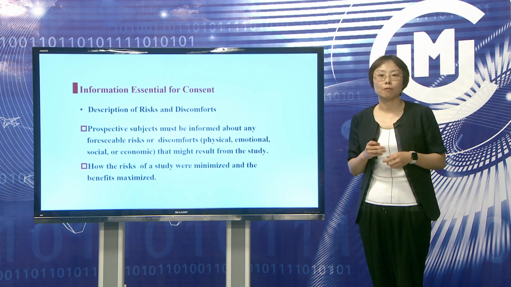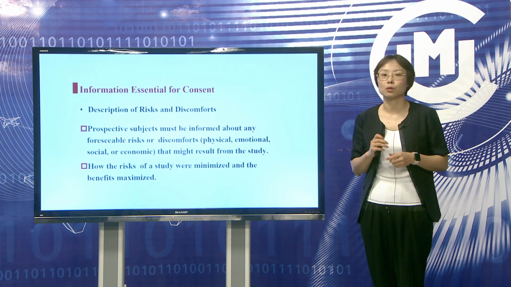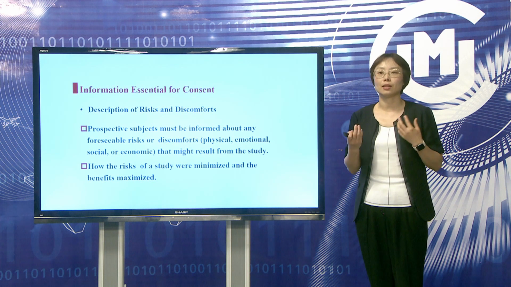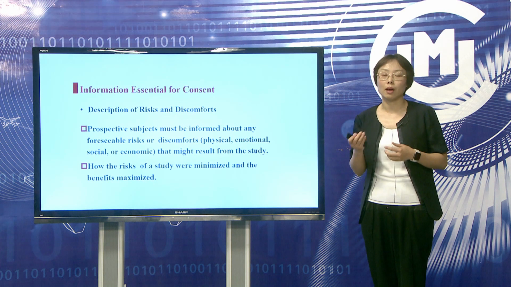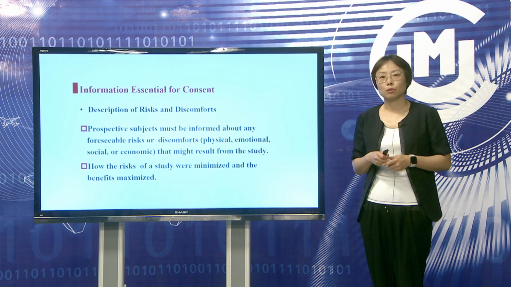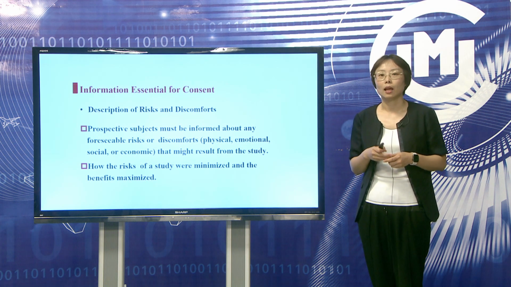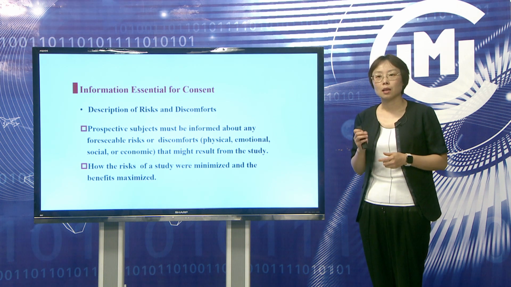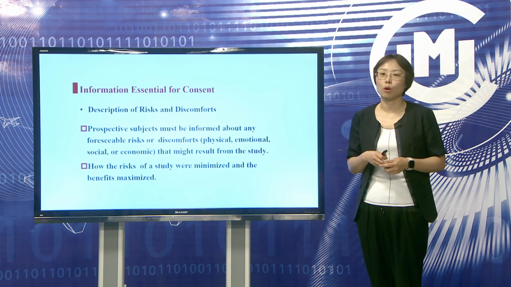If a study involves greater than minimal risk, it is a good idea to encourage prospective subjects to consult another person regarding their participation, such as a friend, family member, or another nurse. In addition, researchers may require a delay between discussing the study and signing the informed consent document so that subjects can thoughtfully consider their decision before agreeing.